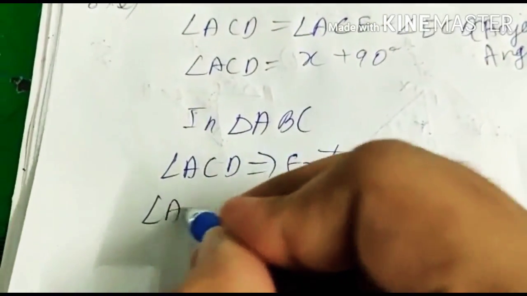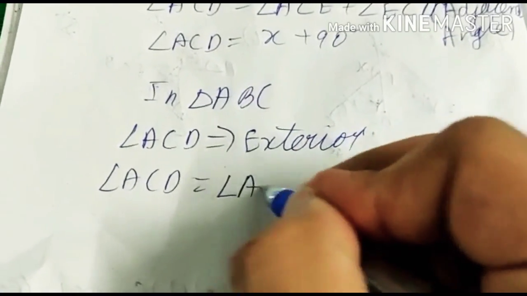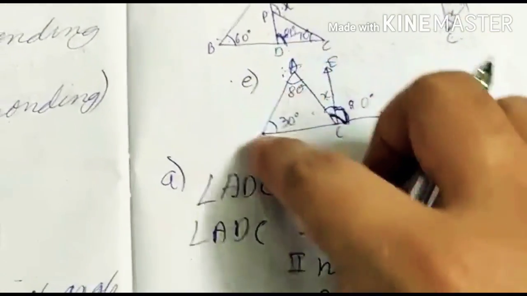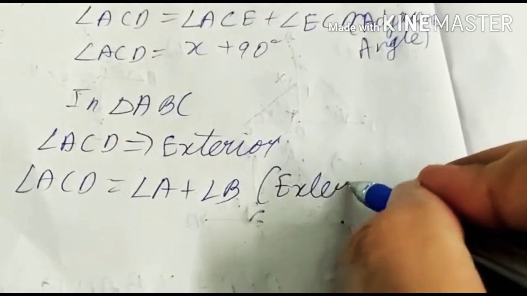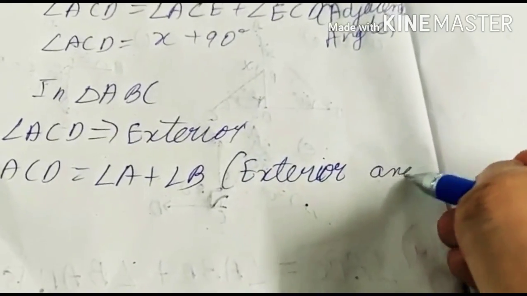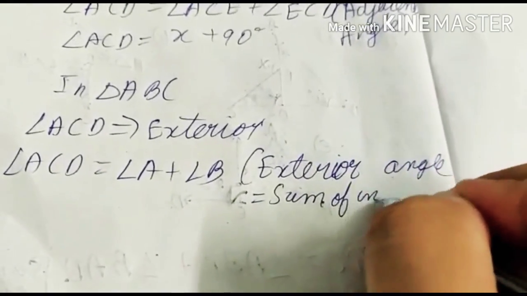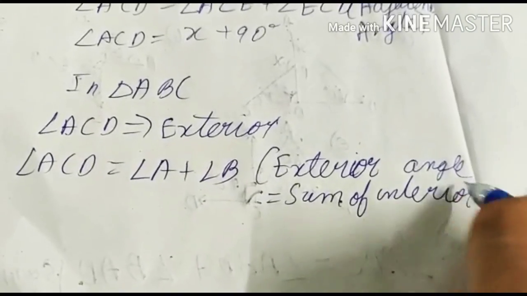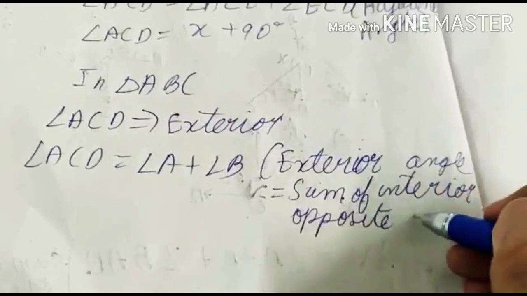Opposites are A and B. So angle ACD equals angle A plus angle B. How? Exterior angle equals the sum of interior opposite angles.